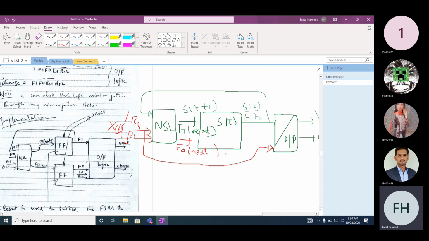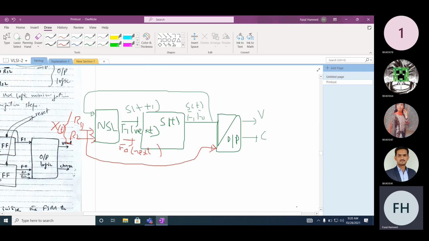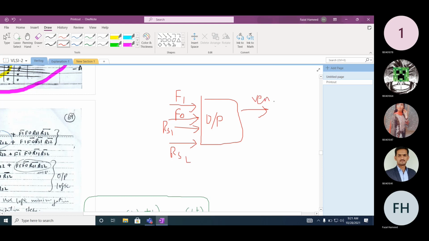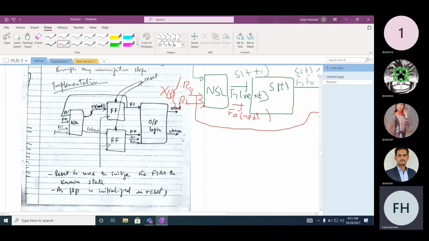Now this output logic is combinational, and this output logic is a function of F1, F0, R1 and R2, and its output is vend and change.